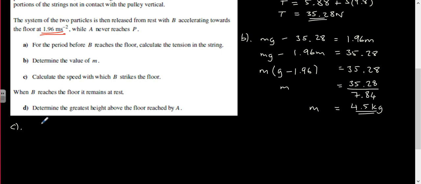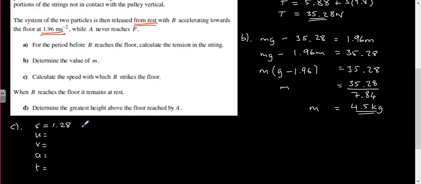So for any SUVAT question, we start by listing what we know and what we don't know. And we choose the appropriate formula and we work out our unknowns. So as I just said, for B to hit the floor, the distance it needs to travel, the displacement, is 1.28 meters. The system is released from rest, another key point in the question.